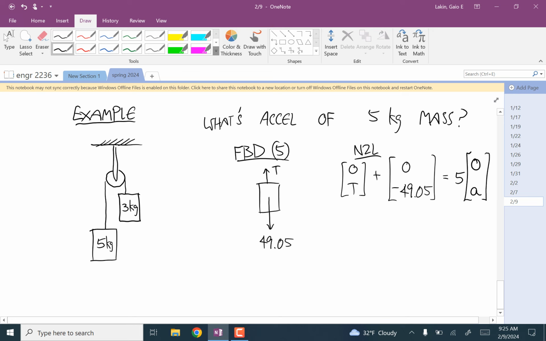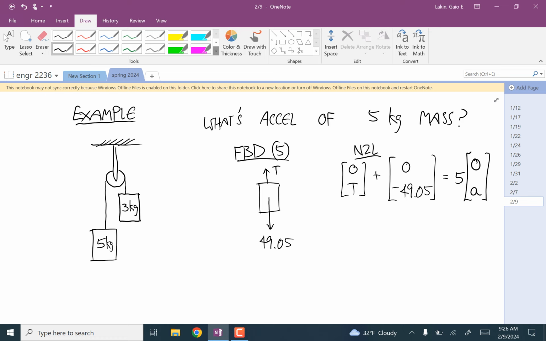Obviously, everybody knows that this is going to accelerate with the 5 kilograms down and the 3 kilograms up. But you don't even have to think about that. Whatever you choose as your first body, all you have to do is figure out what axis it's accelerating along. The signs will work out for you on their own, okay?